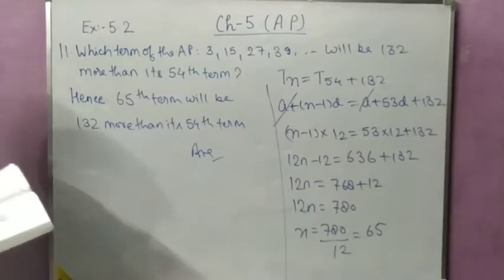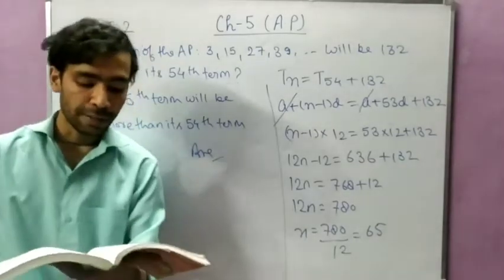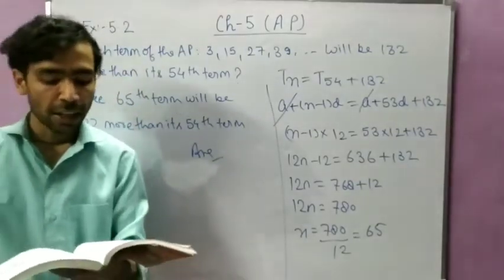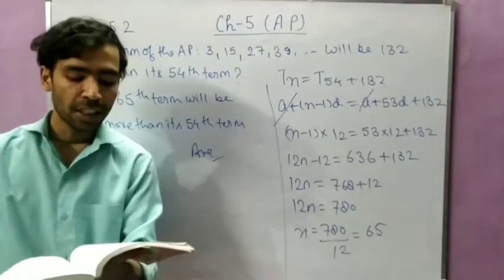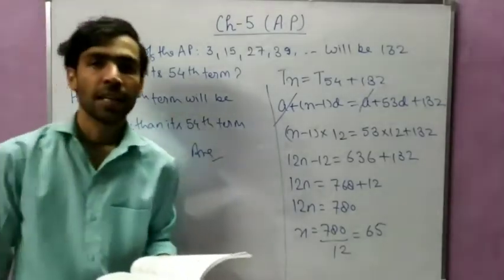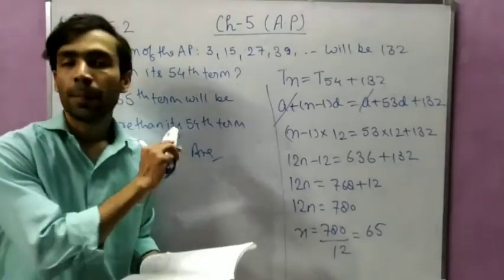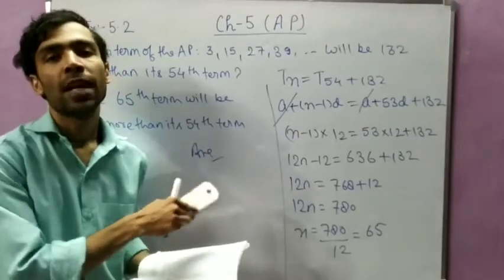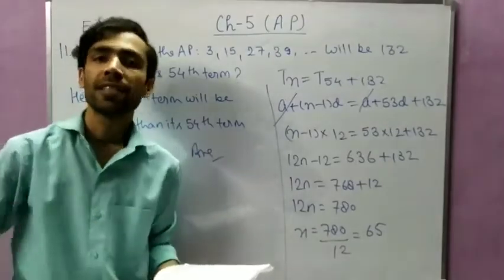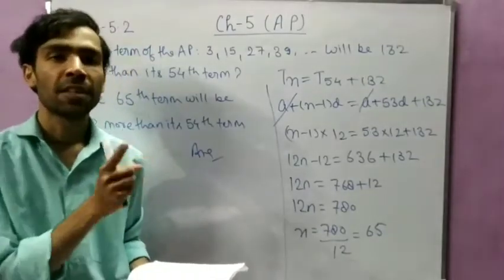Now, question number 12. Two APs have the same common difference. The difference of their 100th term is 100. What is the difference of their 1000th term? Listen, two APs are there and their common difference is the same, so you will assume both have the common difference D. Because only the common difference is the same, their first terms will be different.